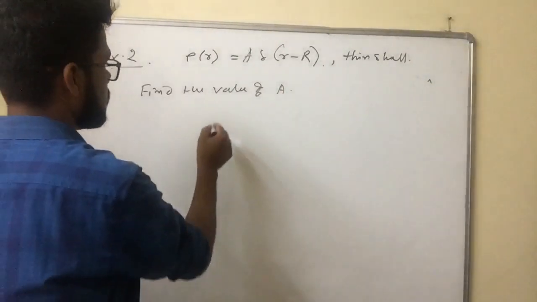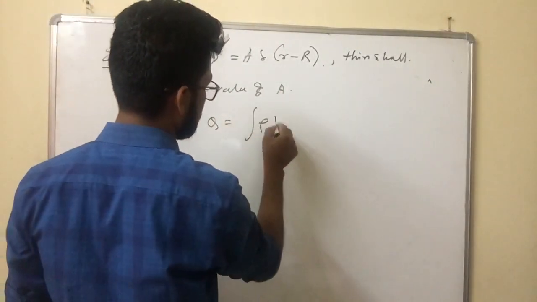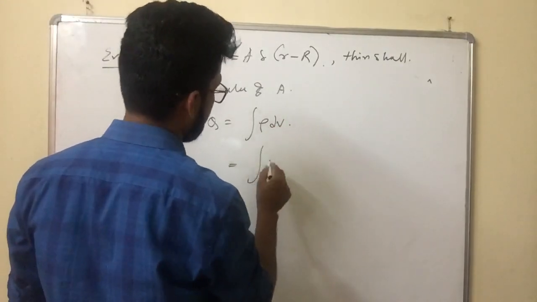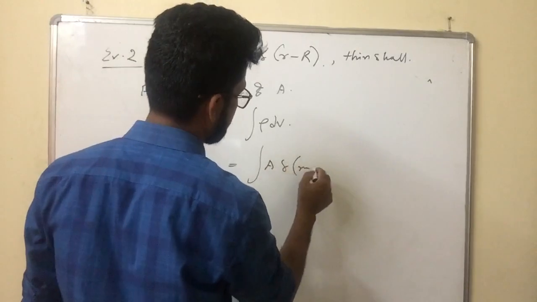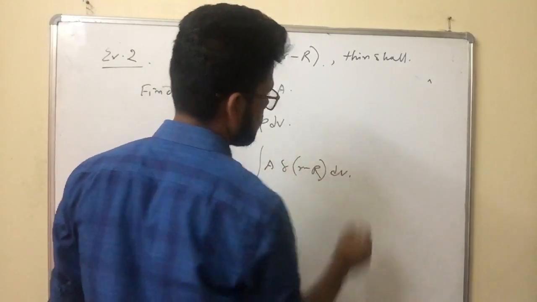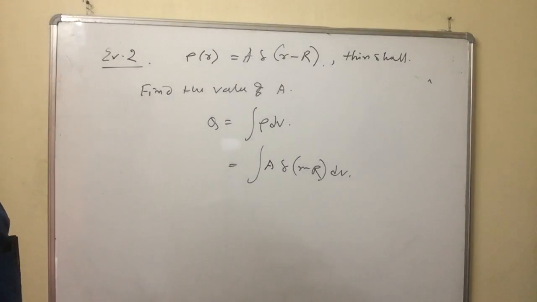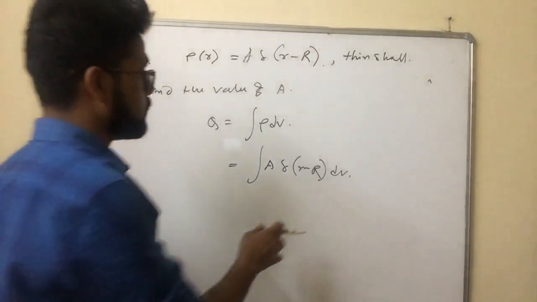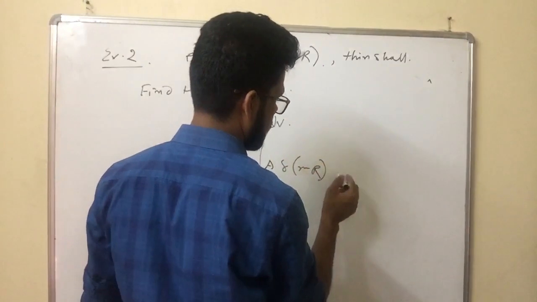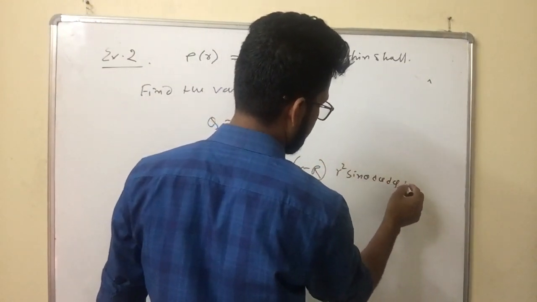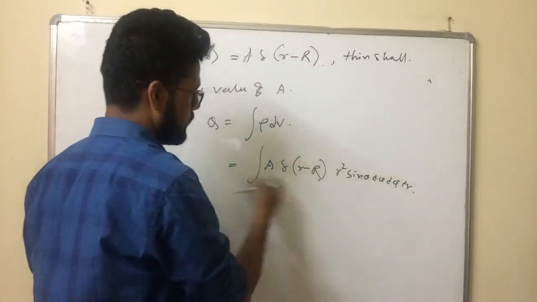Q is the total charge. Q is integral rho dV. This formula you know. Rho equals a delta of r minus R, dV. For dV you have to put this value: r square sin theta d theta d phi dr. So you put this value. a will come out.